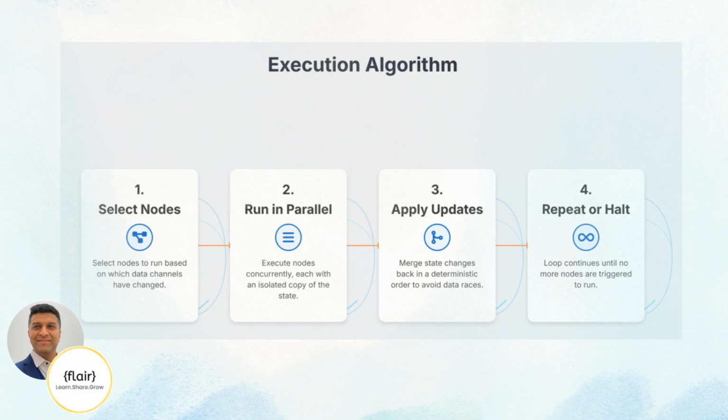Third, once they are done, it takes all the results and merges them back into the main state. And it does this in a predictable deterministic order, which is super important because it means no race conditions. Finally, it repeats the whole process until there's nothing left to do. This whole cycle makes the agent's behavior repeatable, which is a dream come true for debugging.